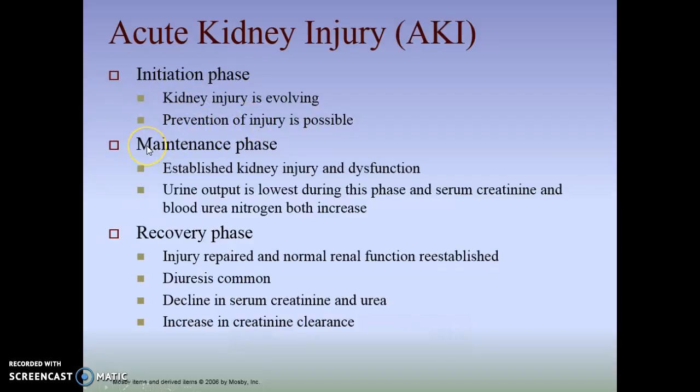All right, then there is the maintenance phase, established kidney injury and dysfunction. Urine output is low at this point. Then the recovery phase. All right, hopefully the injury is repaired and you have normal renal function established. Diuresis is common, decline in serum creatinine and urea because the kidneys are functioning properly.